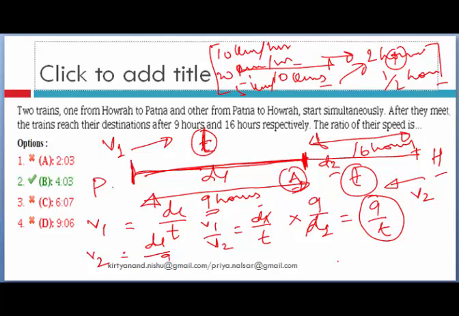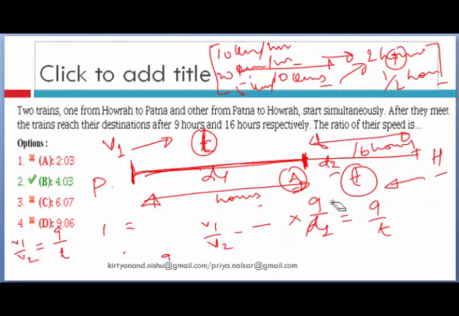If I look at it more closely, I see that this train has covered this entire distance in a time of t plus 16. So I will keep it here as v1 by v2 is nothing but 9 by t, and then I will quickly find another equation for this.